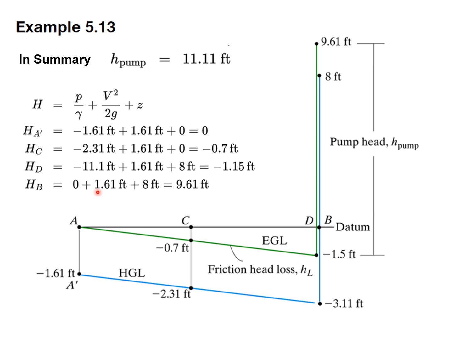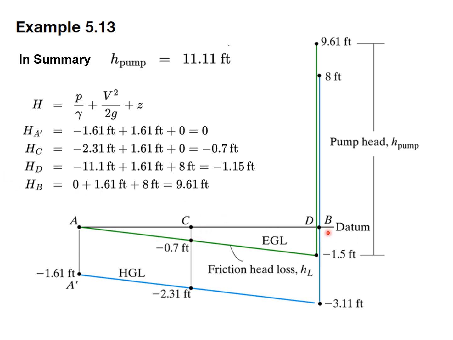So now finally we can draw the grade lines. Here's the summary. H of pump we calculated is 11.11 feet. The total head is P over gamma plus V squared over 2g plus Z. Based on the previous calculations, at A the total head is 0. Then at C, it drops down by 0.7 feet.